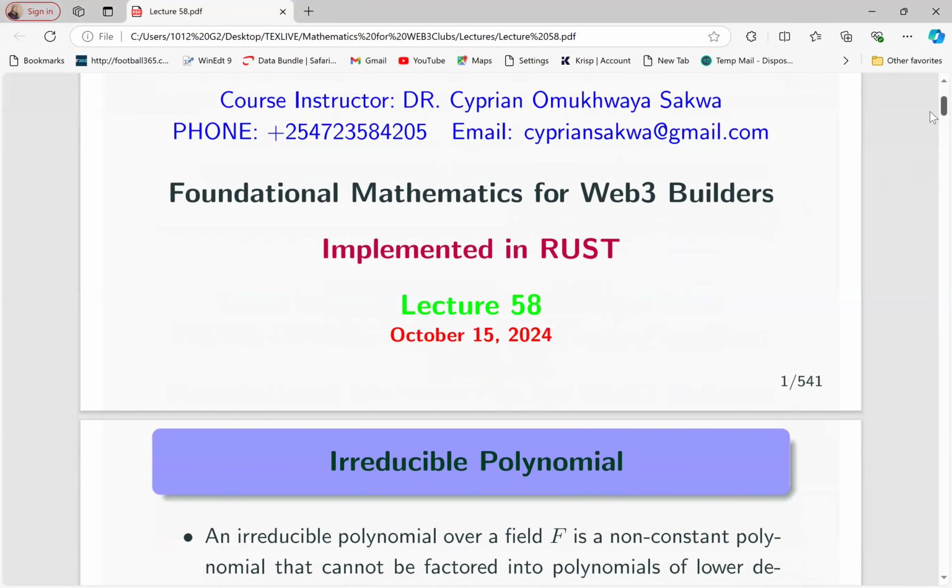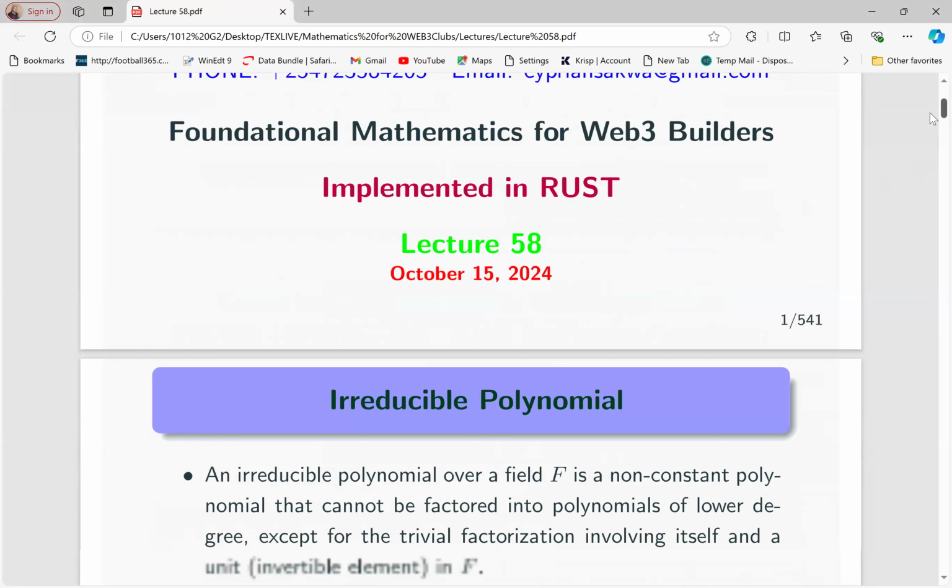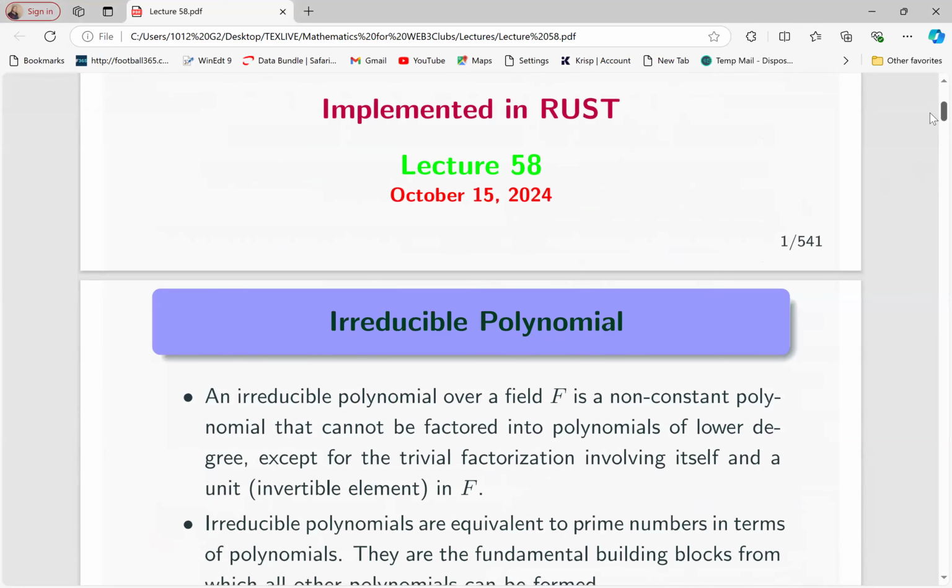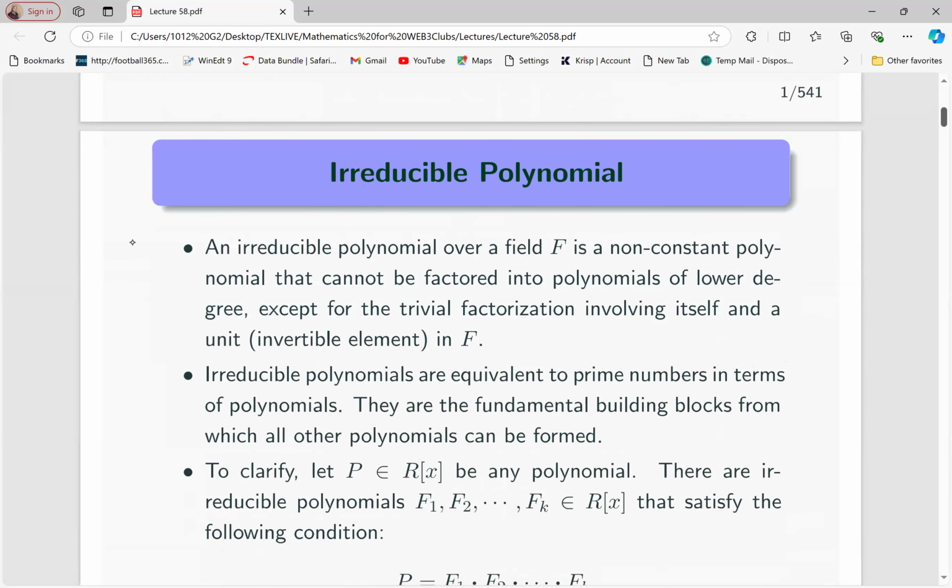Now, the concept of irreducible polynomials is similar to factorization of the integers. It's a similar thing that I want to look at, but now with regard to polynomials.